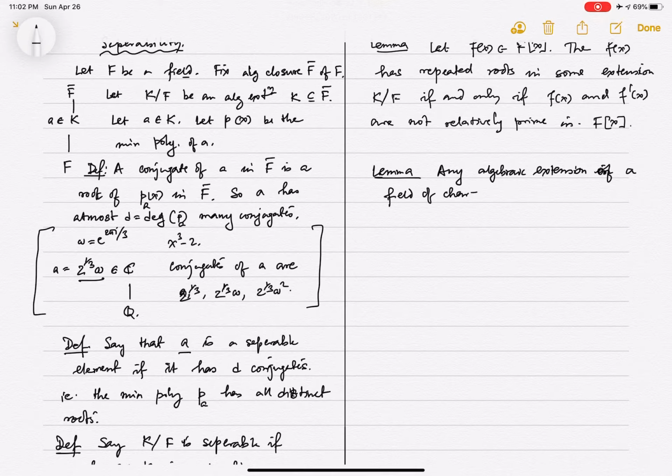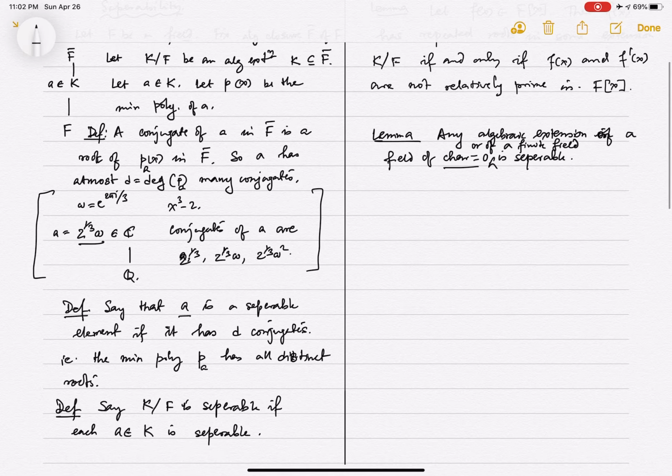Also, any algebraic extension of a finite field is separable. So I'm going to only prove this part. So any extension of rational numbers, for example, is separable.